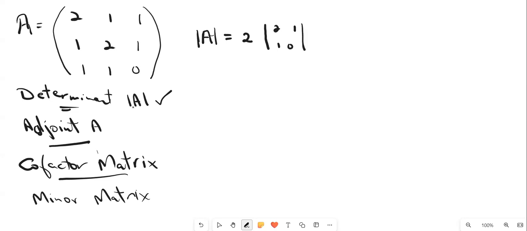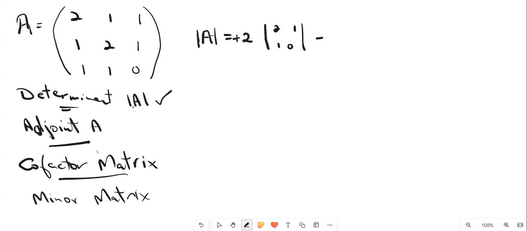And you know we get that. You take this 2, cross off the row, cross off the column with it. And the remaining 4 elements you have there, make it into a matrix, and you're finding the determinant of that. And the sign convention goes from plus, and down here is minus.